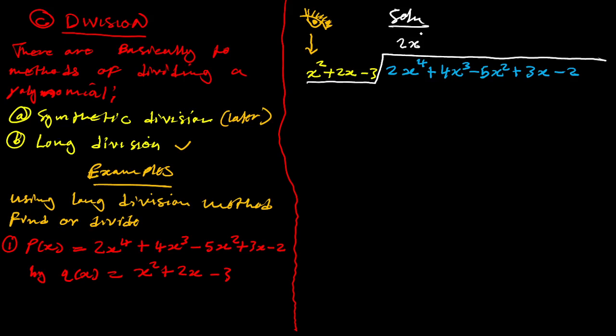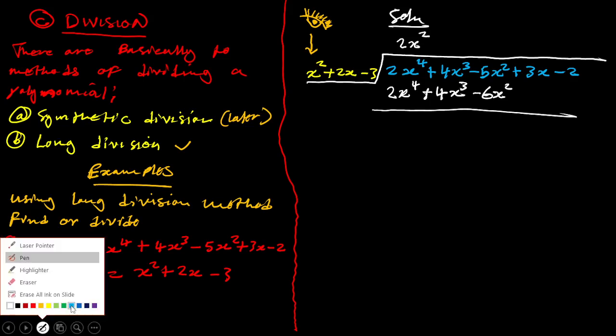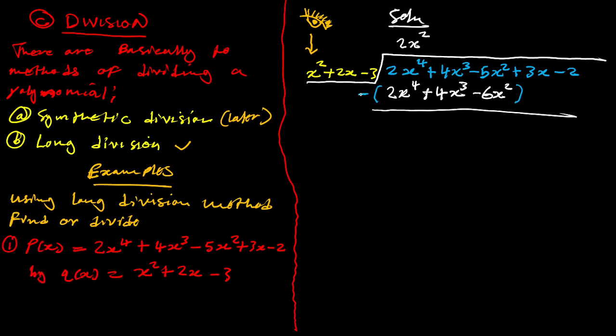Then 2x squared times negative 3 is going to be negative 6x squared. Okay, then what you're going to do is draw a line like that. When you draw a line like that, this line will help you now to subtract. So let's quickly subtract.